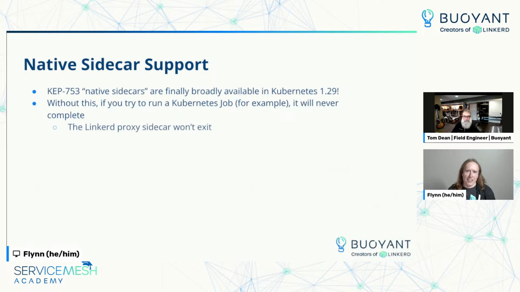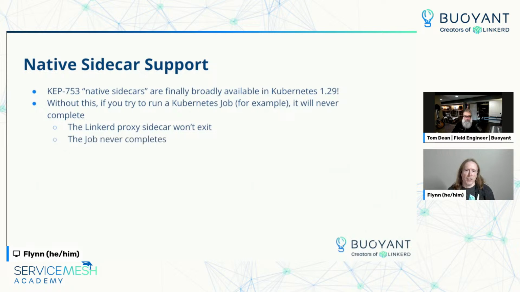The reason for that is that your job's application container would run, everything would be happy, and then Kubernetes would be going, well, there's still this proxy container running, so this must not be done. But there was no effective way that you could shut down the sidecar reasonably.